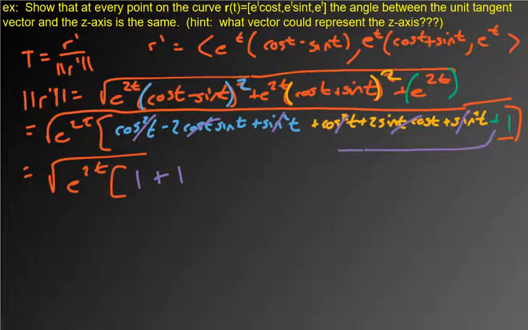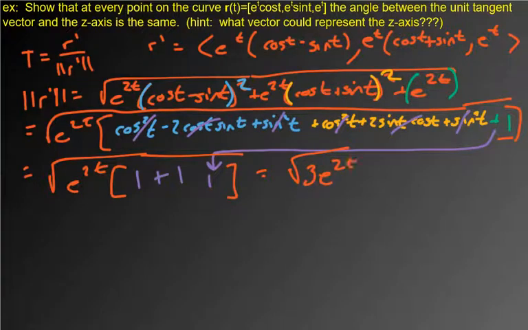So really you just have that 1 also needs to be tagged along. So then you have the square root of 3e to the 2t as the magnitude of r prime, which you could also write as root 3 e to the t. You could take the square root of e to the 2t. So that was just the magnitude part.